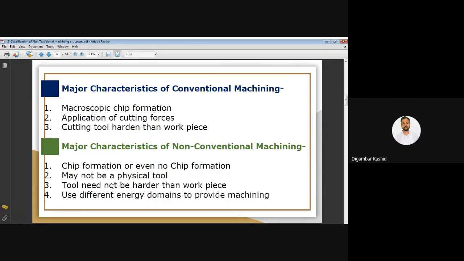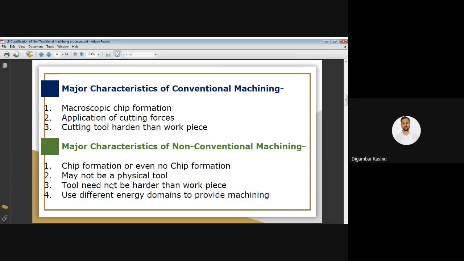The most important characteristic of non-traditional machining is that we use different kinds of energy, or different energy domains, for machining, or we can say to remove the material from the workpiece.